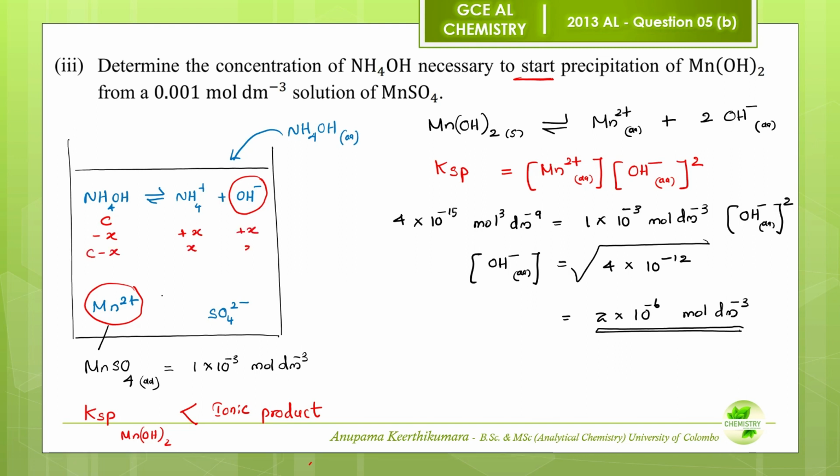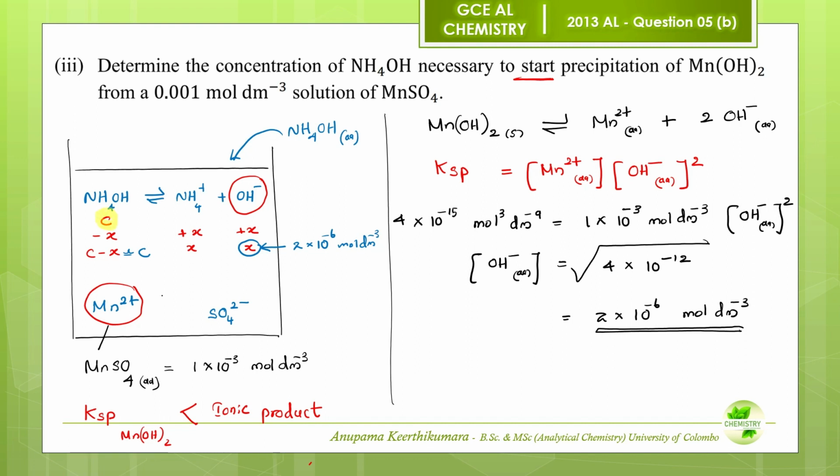So we have found this value of x, that is 2 times 10 to the negative 6 moles per cubic decimeter. This dissociation x is very much less than the concentration C. So we can assume the concentration of ammonium hydroxide at equilibrium as C.